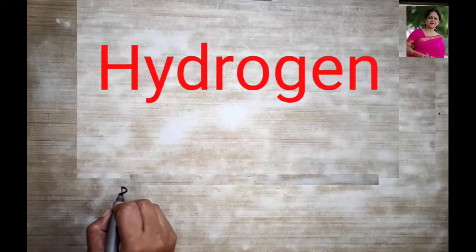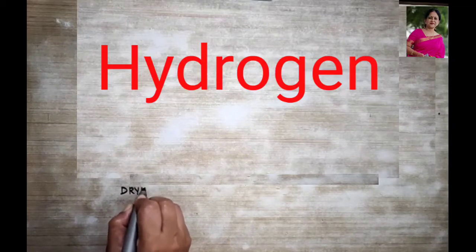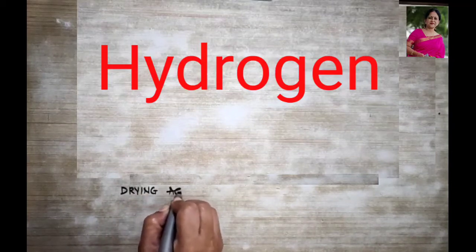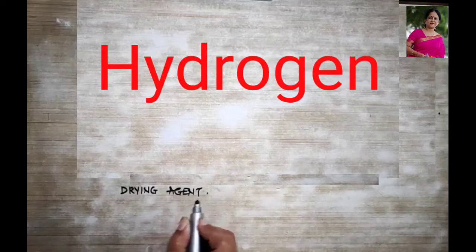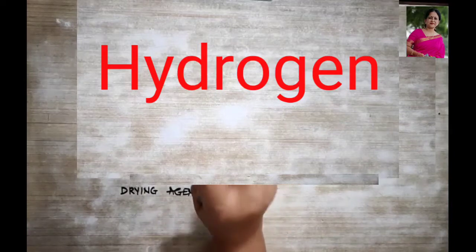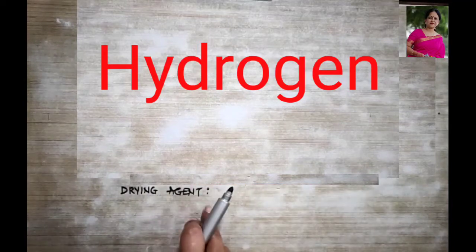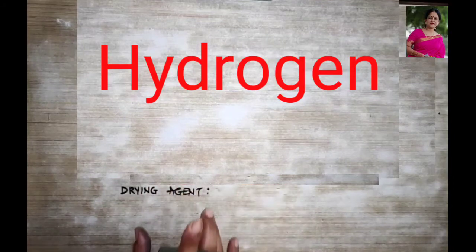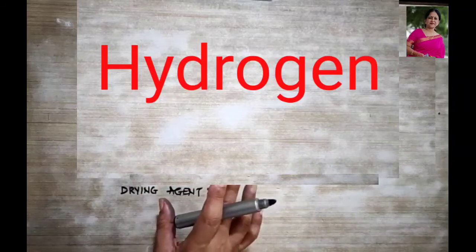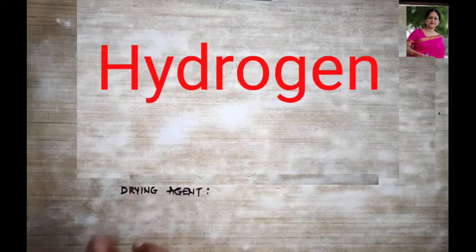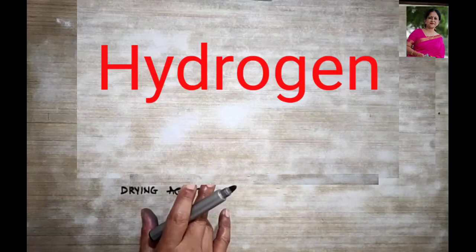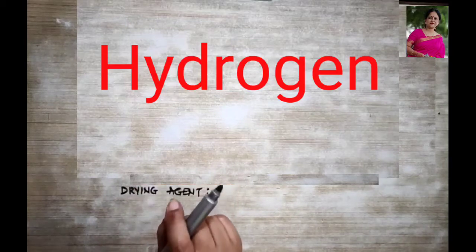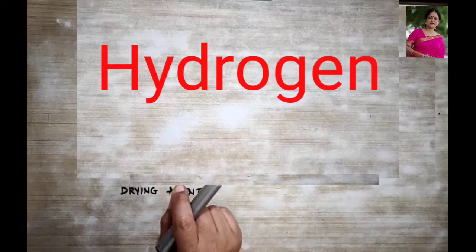Now next we talk about what is the drying agent used over here. Since this gas is collected over water, that means moisture is present in the gas and we need a dry gas. So how can we obtain a dry gas? By passing that moistened gas through a drying agent. So which drying agent do we use over here to get the pure dry hydrogen?